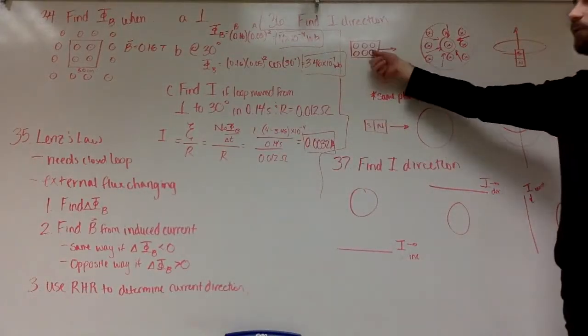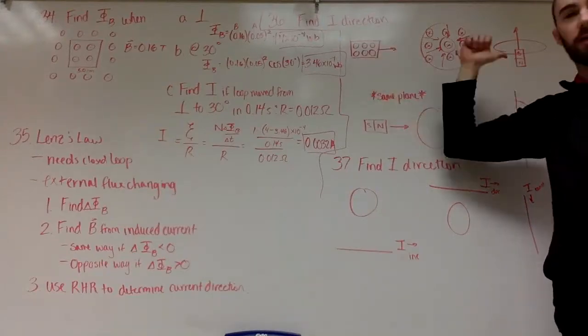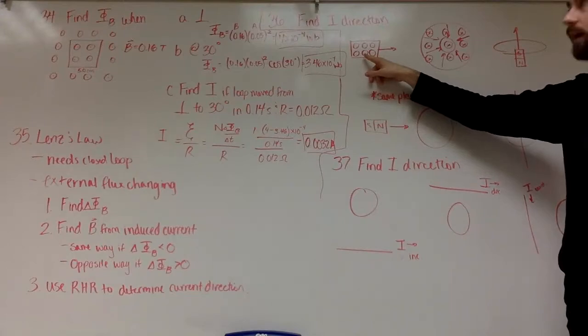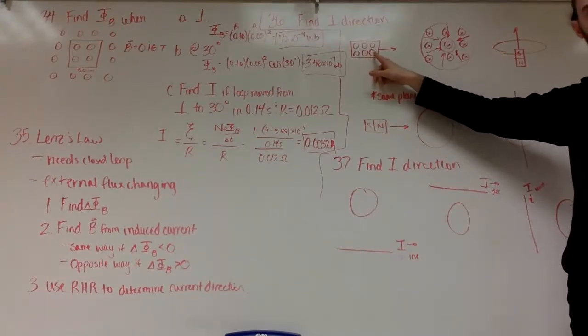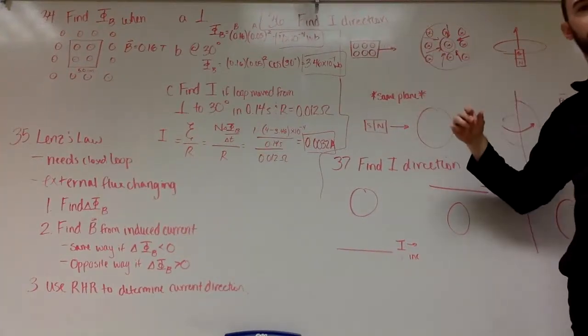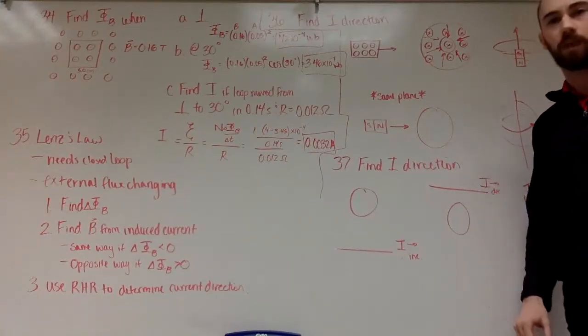Let's do a practice one here. I've got a magnetic field that's sticking out of the page, and I've got a loop of wire, and I'm going to pull that loop this way. It's going to stop being around there. So what's happening? I'm decreasing my flux because now I don't have as much magnetic field inside of my loop. When I pull this over here, the field gets weaker because it's now not the whole way inside of the loop. So my loop says, I don't like that change.